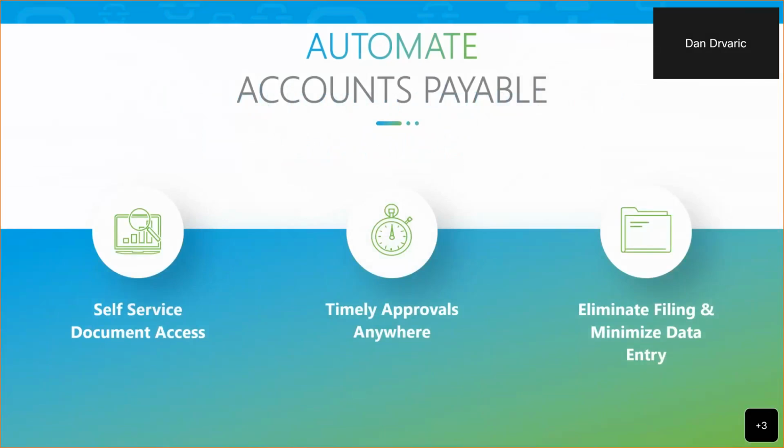When we look to automate accounts payable, there's a number of benefits that we find. First and foremost, we have self-service document access. When we put a document into the workflow, the approver has very easy access. There's multiple ways that the approver can see the document, know what's on it, and provide their approval.